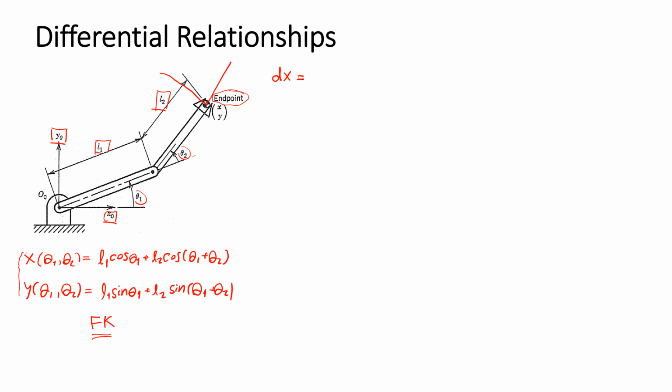It should equal the change of x against θ1 with the small, infinitesimal change of θ1, in combination with the change of x against θ2 with the small change of θ2.